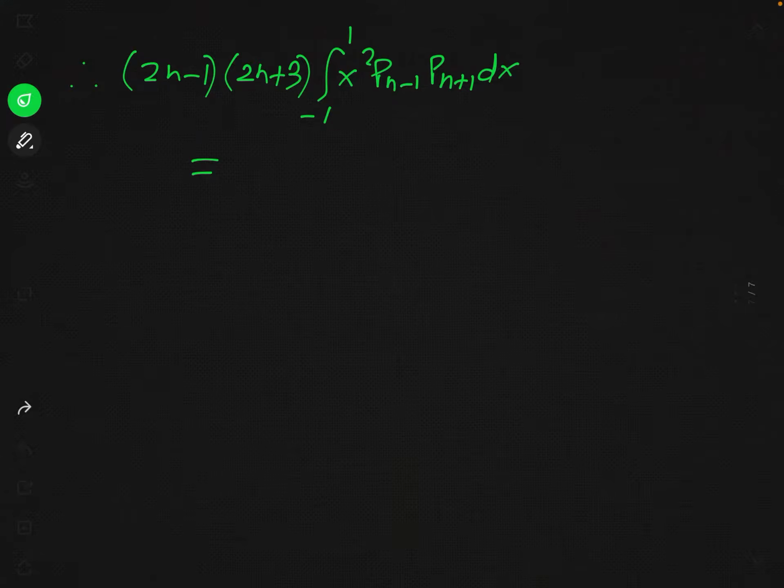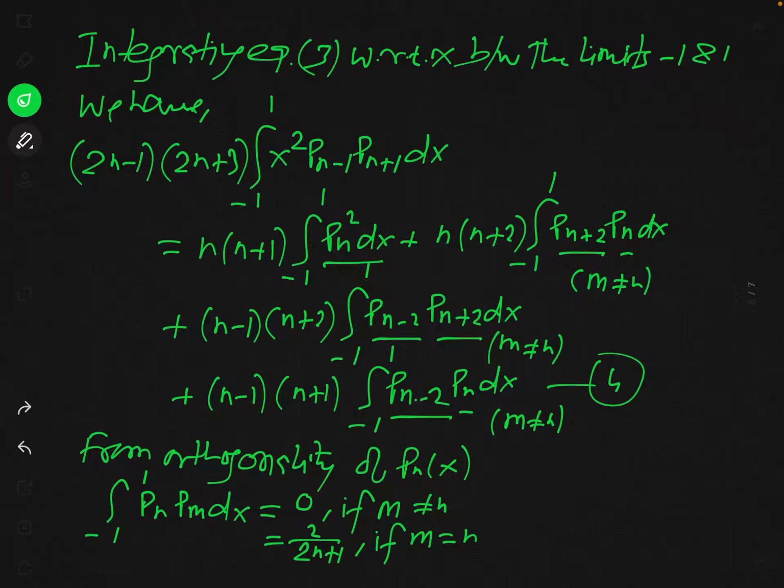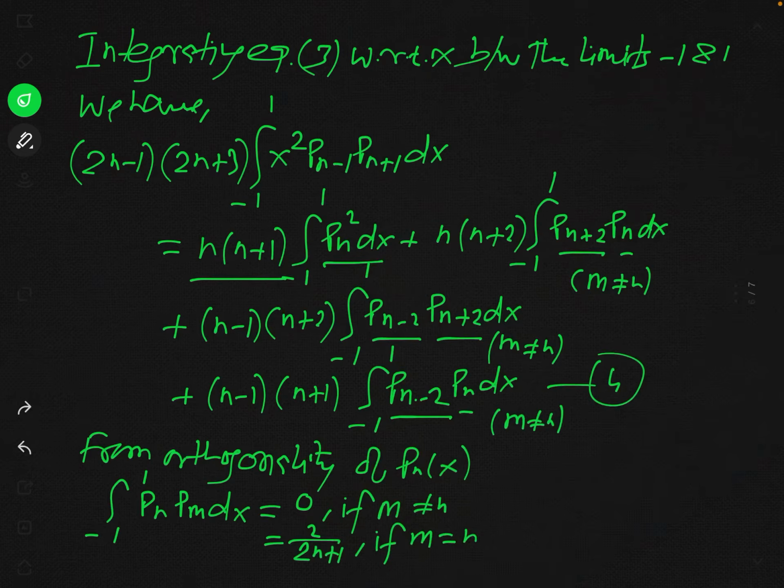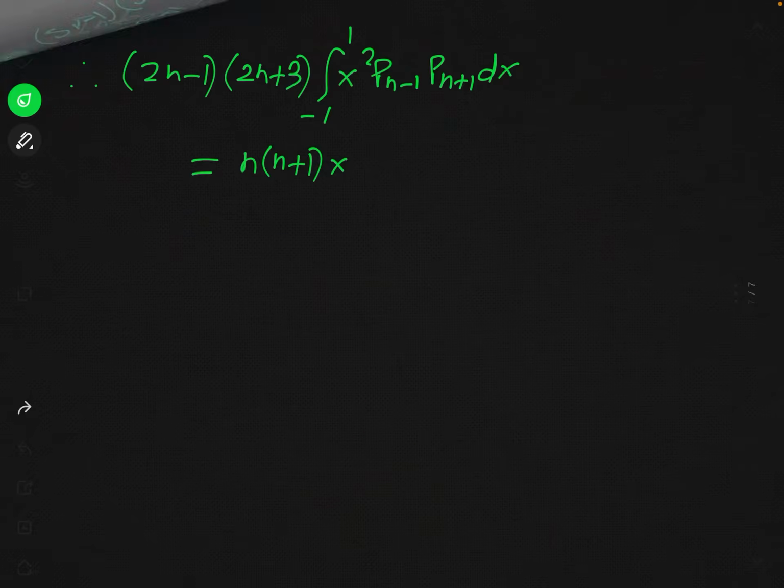See the first integral in RHS. This is n into n plus 1 into this much. So this will be n into n plus 1, and the value of the second integral you can see from this orthogonality property. This will be simply 2 over 2n plus 1. So we will write here 2 over 2n plus 1.